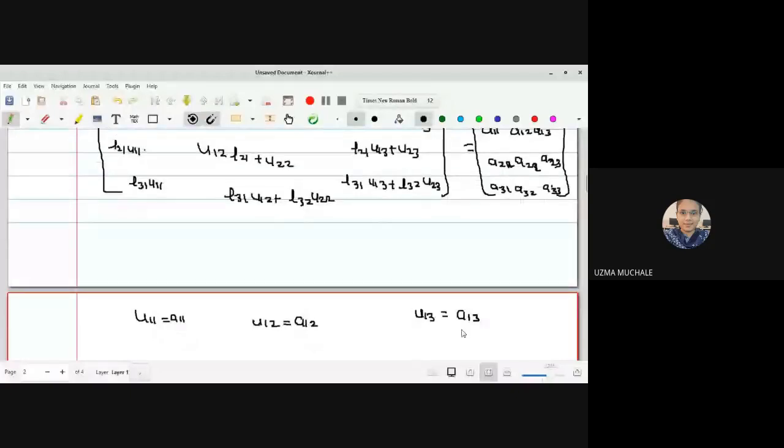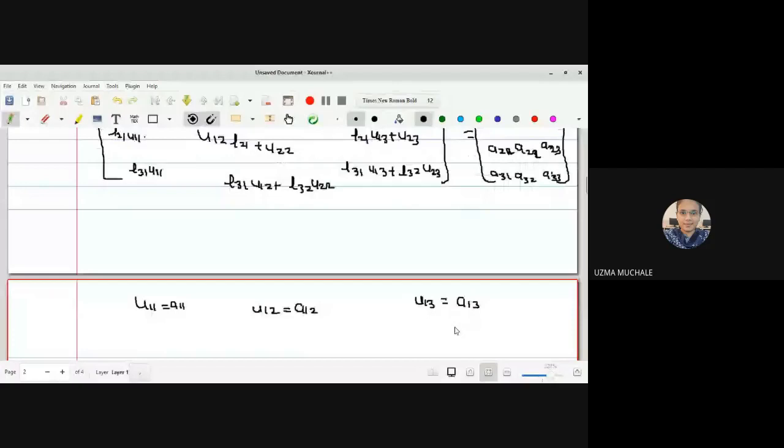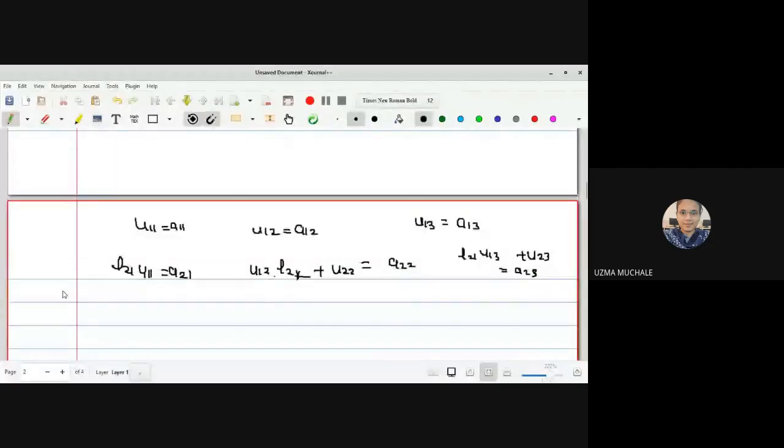Next, L21 U11 is equal to A21, U12 L21 plus U22 is equal to A22. The last one is L21 U13 plus U23 is equal to A23. Now you can use the value of U11 here. What is the value of U11?